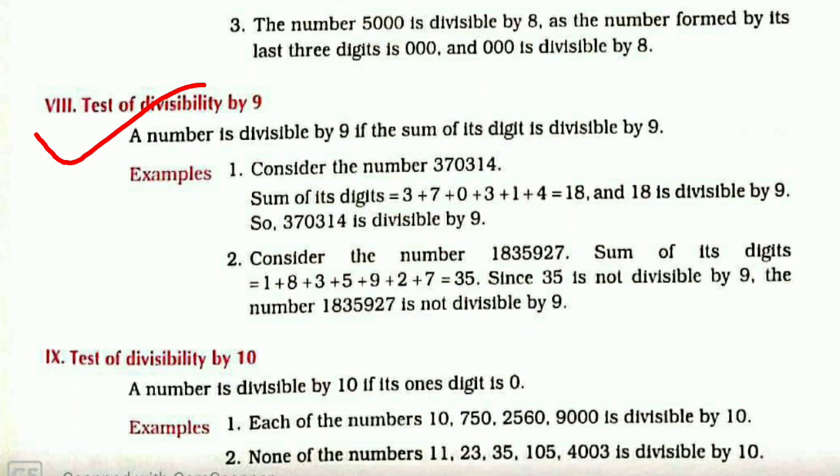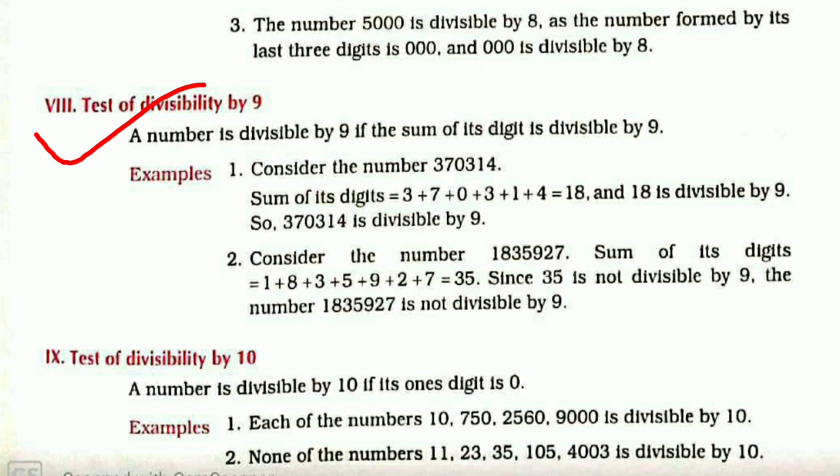So see the first example. This number is given, and then we will add all the digits separately. So 7 plus 3 plus 7 plus 0 plus 3 plus 1 plus 4. Now when we add all the digits, we get 18. And we know that 18 is divisible by 9. So this whole number will be divisible by 9.